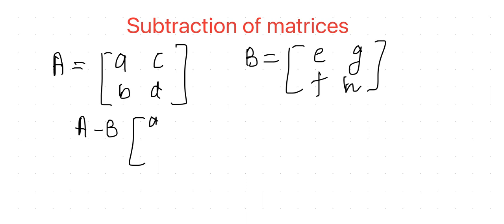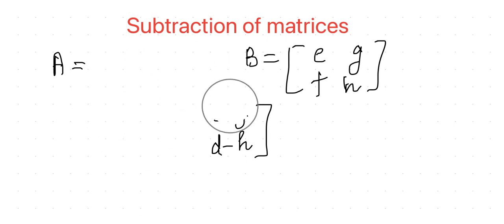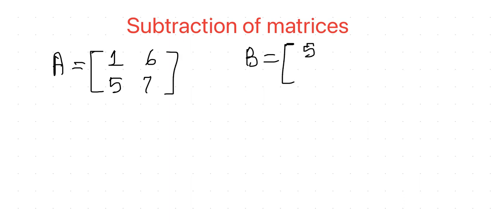It becomes a minus e, b minus f, c minus g, and d minus h. Okay, so this is the subtraction that is happening, and if I want to denote this with the help of an example, suppose I am taking a matrix A which is given by 1, 6, 5, 7, and then a B which is given by 5, 4, 9 and 11.